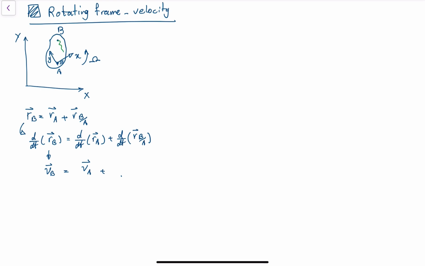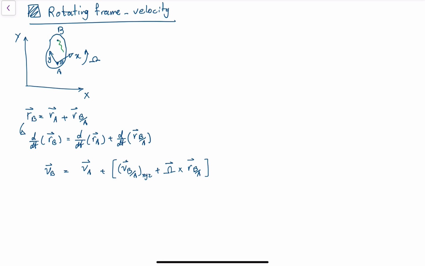The derivation is in the textbook, but as it turns out, it is going to be V of A, plus V of B relative to A as observed in the XYZ frame, plus this omega cross R of B relative to A. All of it is the last term, and this is a vector, that is a vector. So the derivation is in the textbook. Let me clean up here. But let me unpack what this means.